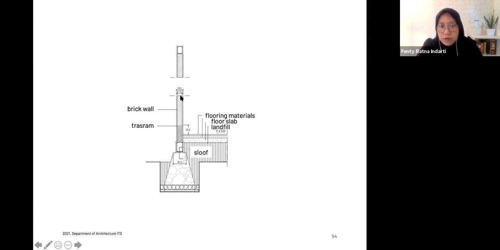Outside the brick wall, you have this type of layer, which is the plaster that I mentioned. This one is for finishing. And then on top of it, usually you have paint, but for the paint, you don't have to draw it in the section. This hatch already indicates the wall.